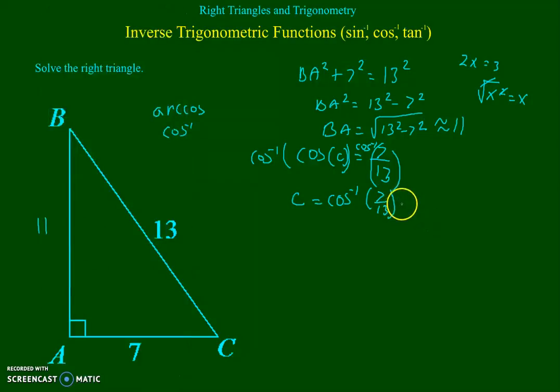So this is approximately equal to 57.4 degrees. Notice again, the arc functions take in a ratio and generate an angle, whereas sine, cosine, and tangent take in an angle and generate a ratio. So we're going to continue this example in the next session, and we'll see how this applies in other situations as well.